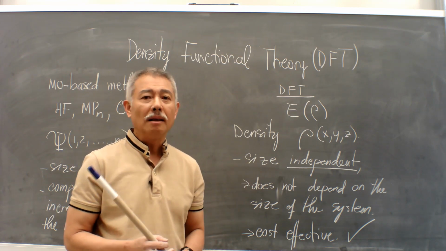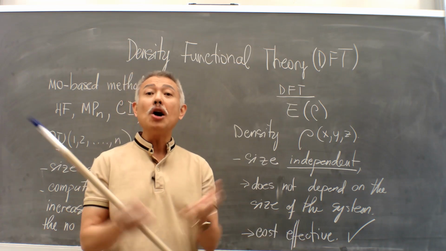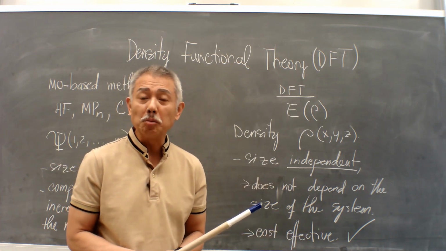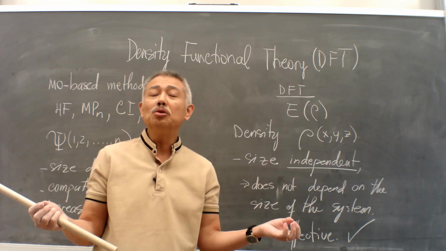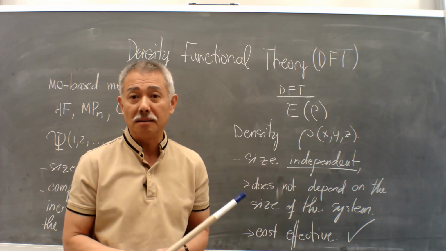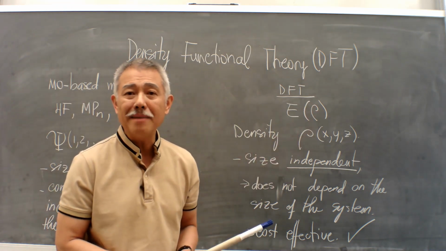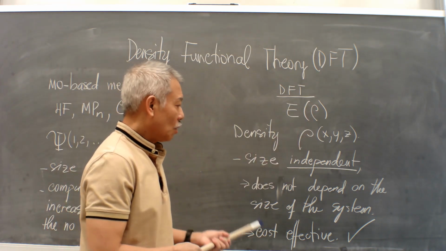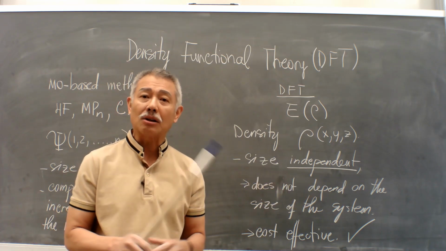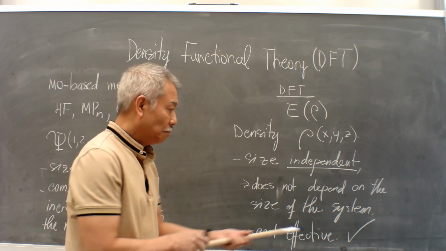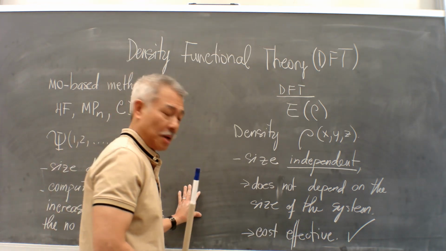So it does not depend on the size of the system, regardless of whether it is an H2 molecule, a protein, DNA, or any humongous piece of metal. That would be a lot more cost effective when we deal with macro systems. So definitely there's a certain advantage right there.